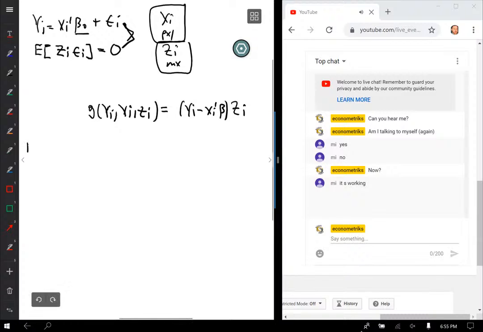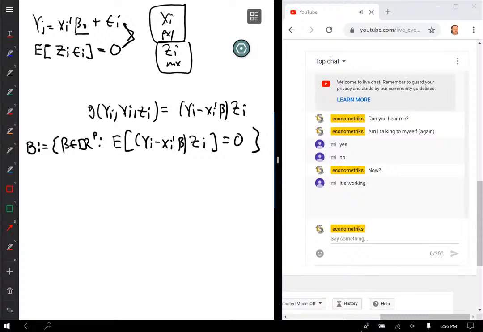Namely, we can look at the set of all values b, where b is defined as all the betas belonging to the p-dimensional real line, where the average of this moment function, which we call g, equals zero. So this just says the solution set, the betas that are consistent with these restrictions, which we're assuming hold on the true distribution of y, x and z. Well, b naught will satisfy this.